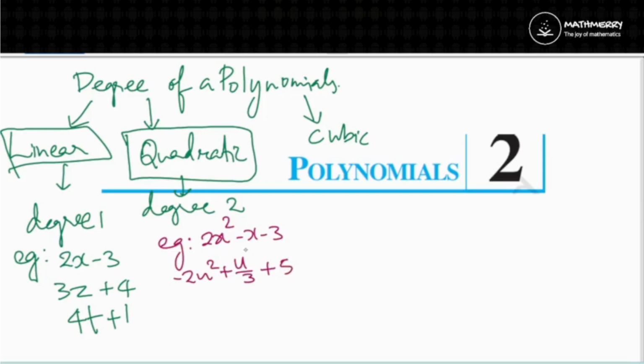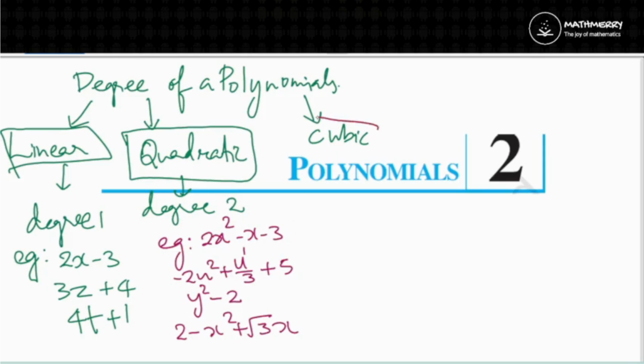Here we have u to the power 1 and also u to the power 2, so the highest power of u is 2. So this is a quadratic polynomial. Or we can write y square minus 2. This is also a quadratic polynomial. Or we can write 2 minus x square plus root 3x. So this is also a quadratic polynomial.